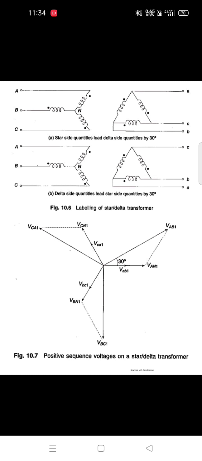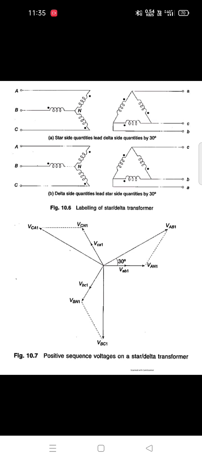With the polarity marks shown, we can immediately draw a phasor diagram. The following interrelationship between the voltages on the two sides of the transformer is immediately observed from the phasor diagram. First, star side quantities lead delta side quantities by 30 degrees, and the second one is shown as delta side quantities lead star side quantities by 30 degrees.